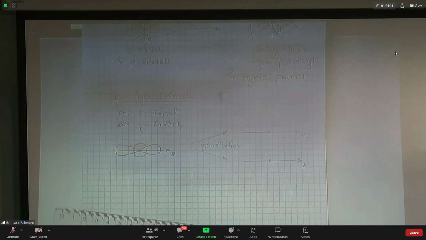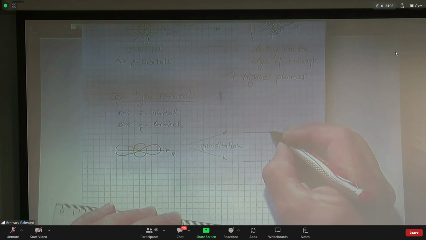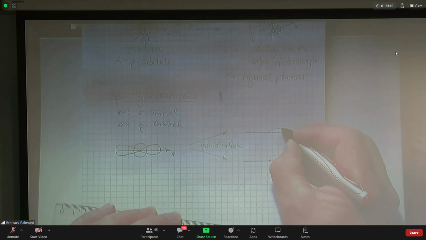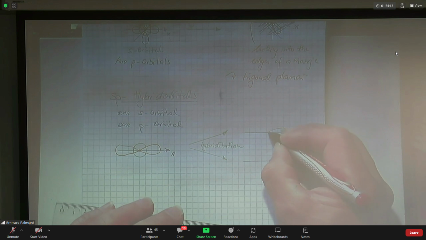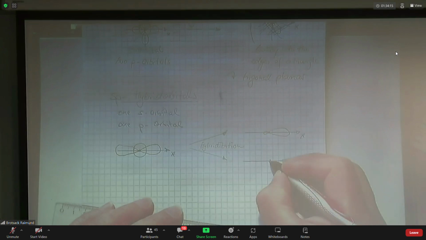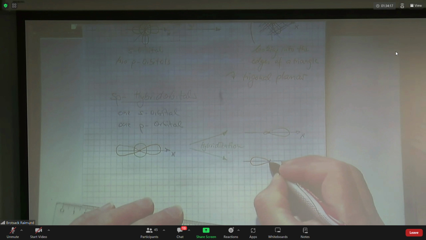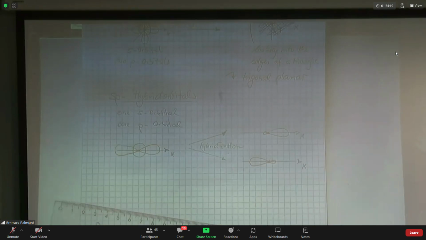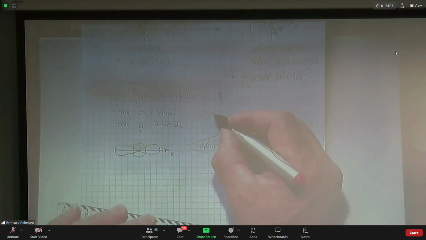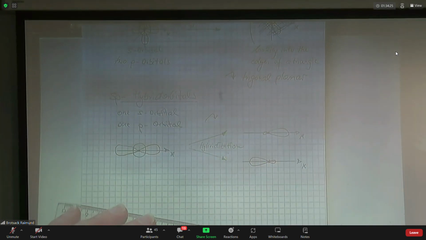Then we have one sp orbital looking like this and the other one just in the opposite direction. So we have two equivalent sp orbitals.